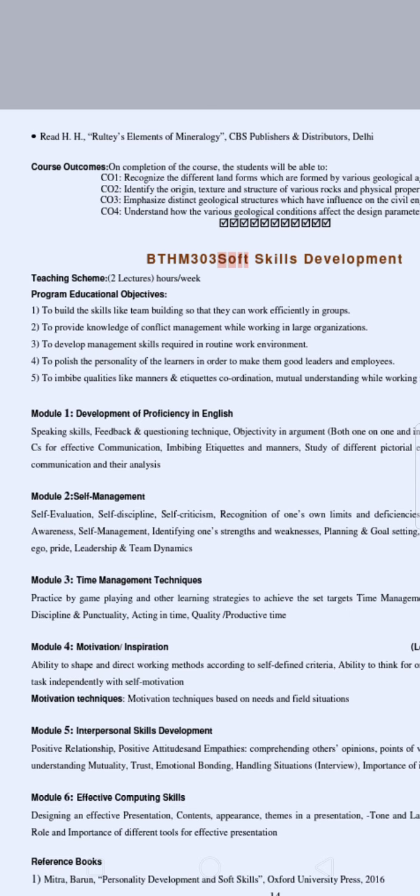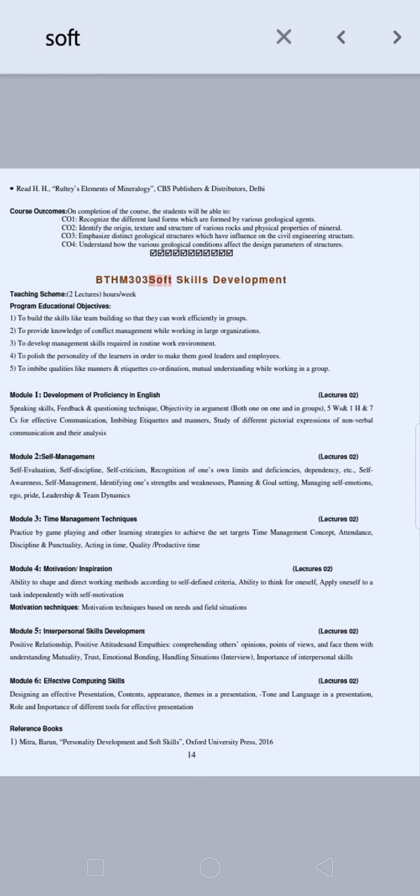There are 6 modules, and 2 lectures are assigned per module. It's a funny thing that only two lectures are assigned for each module, and it is not possible to cover all the contents prescribed in every module, because the same content is set as the syllabus named soft skill and personal development for the students of the CSE branch, and the same content is prescribed for you as soft skill development.